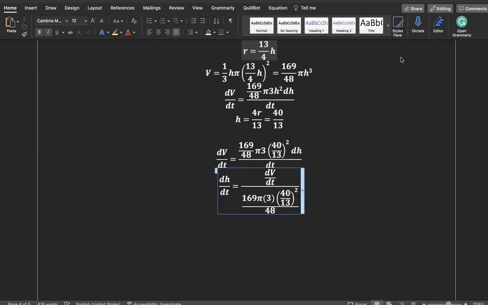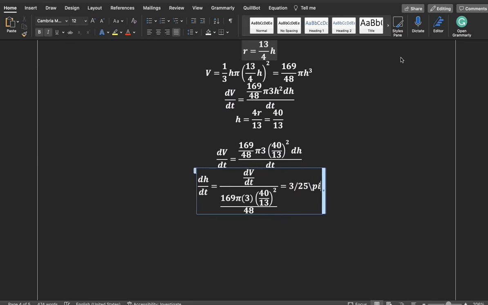When you solve the entire thing, you should get that dh over dt is equal to 3 over 25 pi, in units of meters per second.